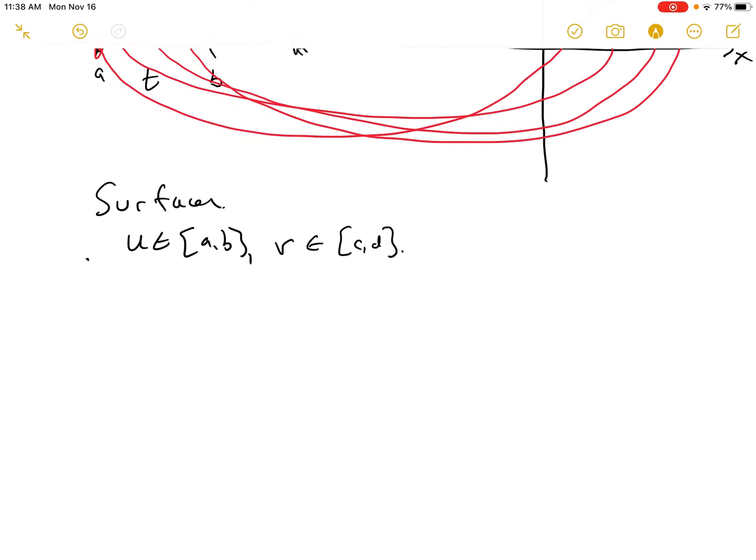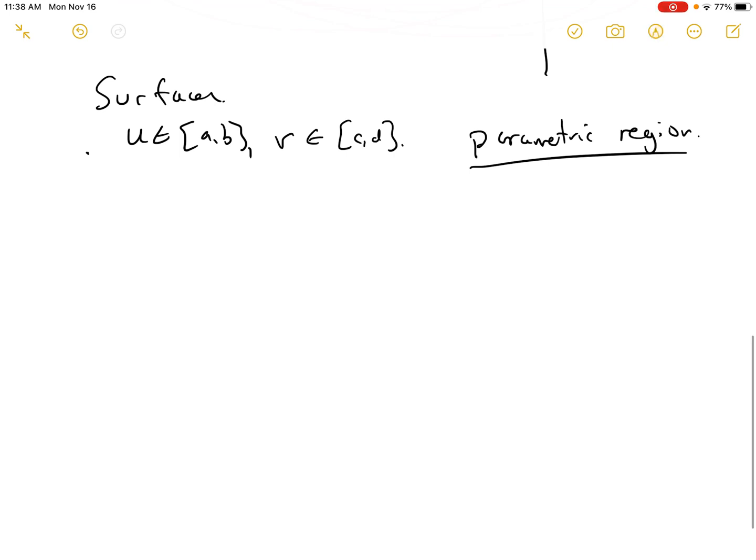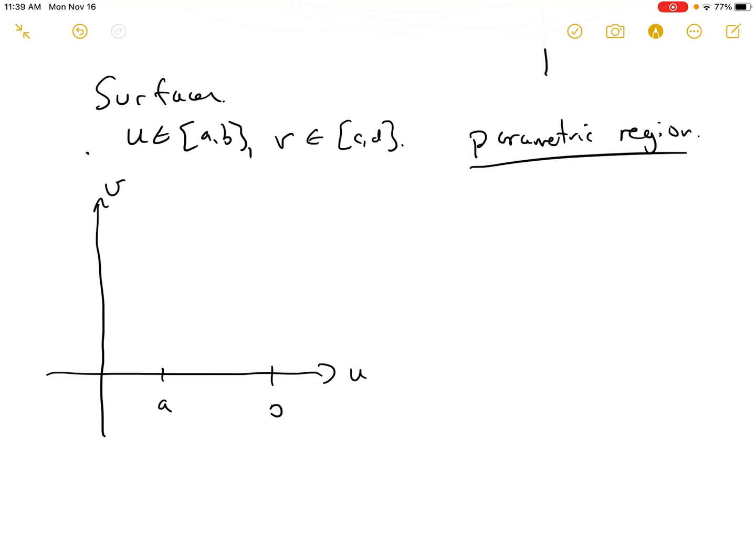And instead of having a parametric interval, we have a parametric region. Okay, and the region is in the uv plane over here, and this is a parametric plane. Here's u, and here's v, right? And u goes from a to b, and v goes from c to d.